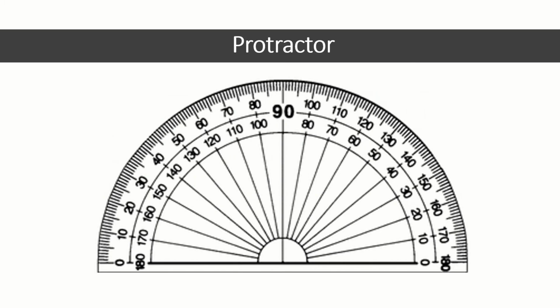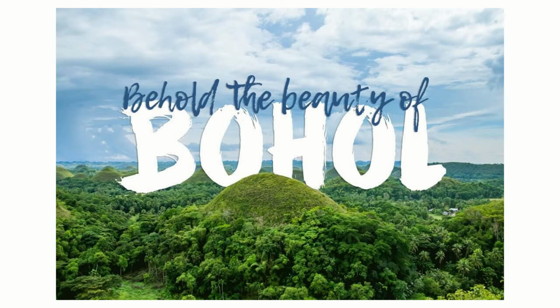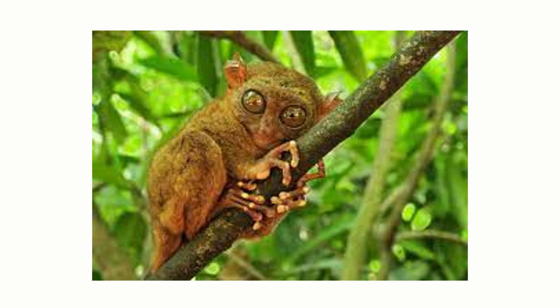Okay. Now, our actual lesson begins here. So let's say, for example, you go to Bohol. Aside from the picture that you see right now, which is the Chocolate Hills, Bohol is known for tarsiers.